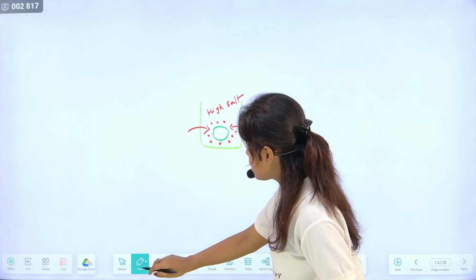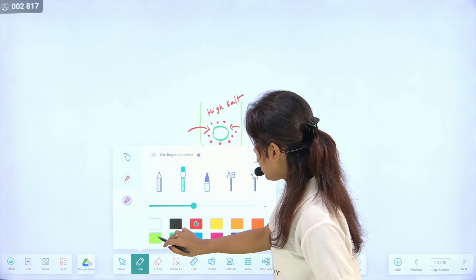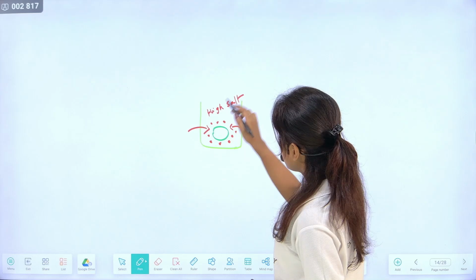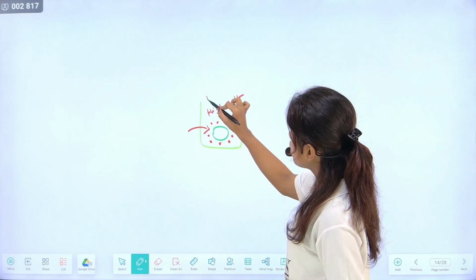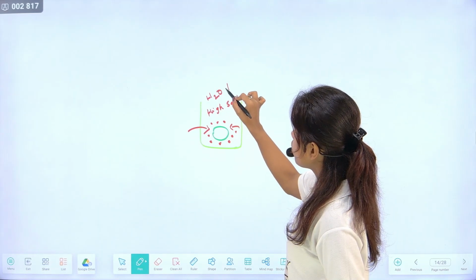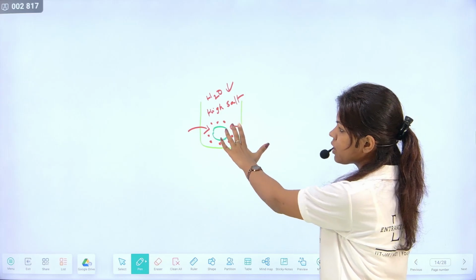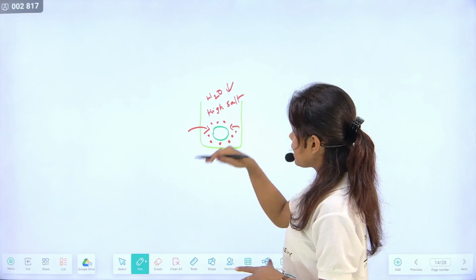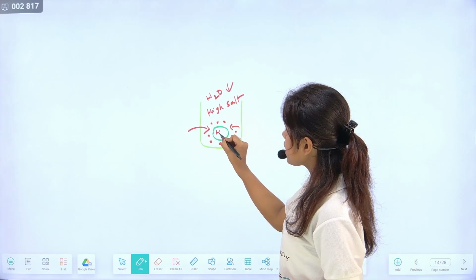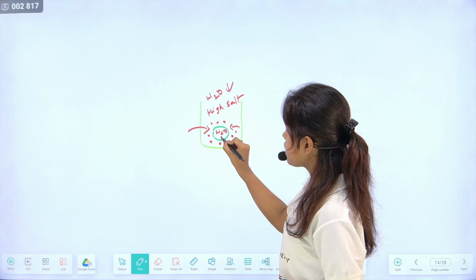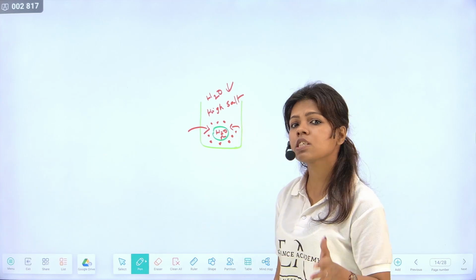The surrounding medium of the grass cell contains a high concentration of salts, and we can also say a low concentration of water compared to the inside of the grass cell. And inside the grass cell, the water concentration is high and salt concentration is very low.